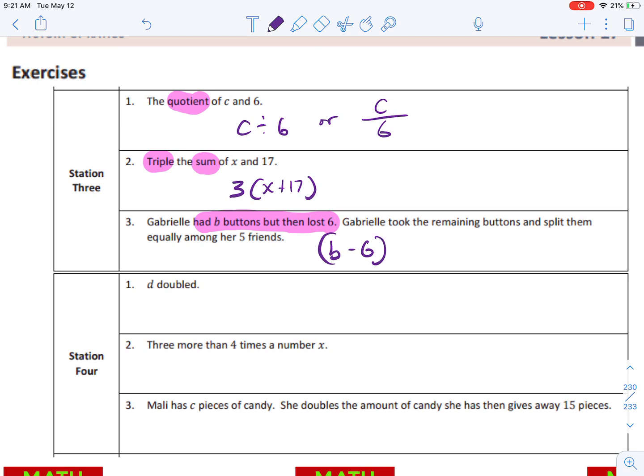We don't know how many buttons B is, but we know that B minus 6, whatever we get there, he's going to split them up equally among her 5 friends. So we're going to divide by 5. And as a fraction, this would be B minus 6 over 5.